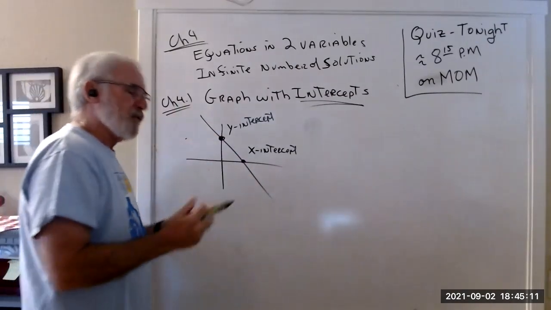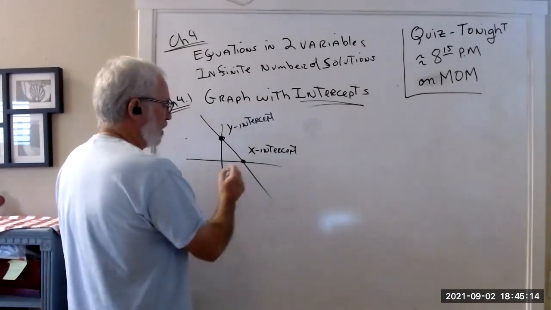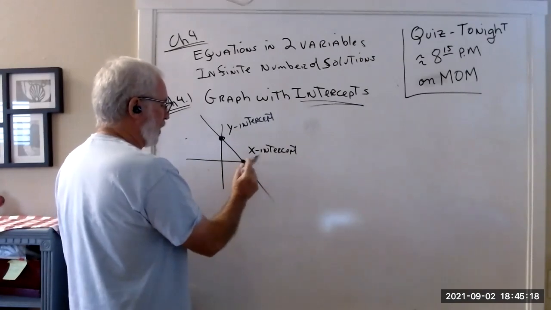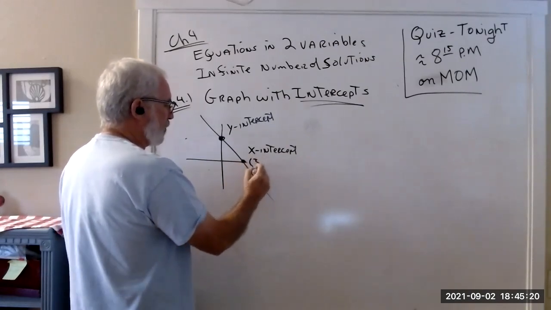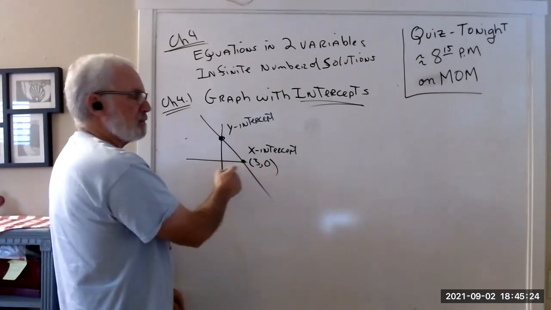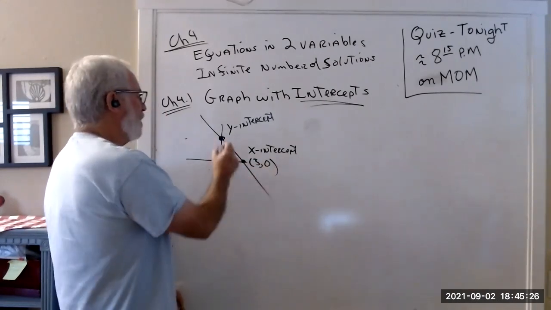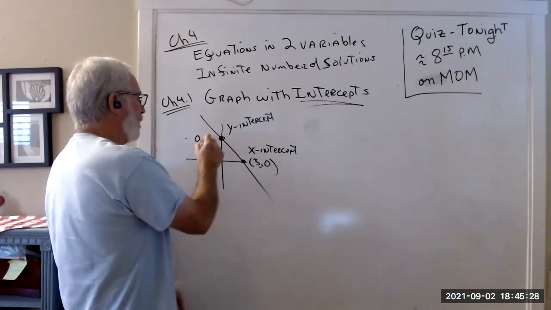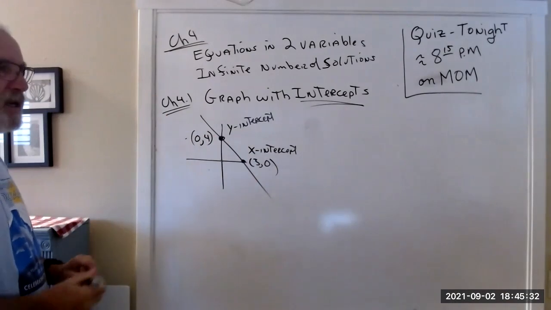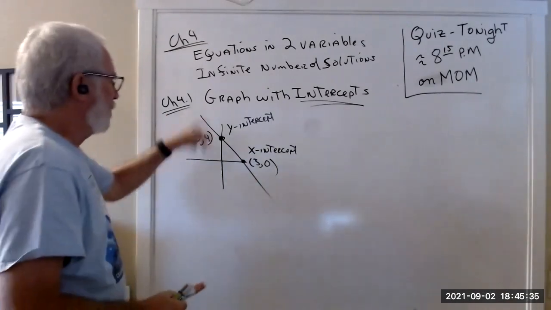Well, if you look at this, a reasonable value for this point here might be 3, 0. I'm just making that up. Go over 3, up 0. This might be 0, 4. Again, I just made up those values, but they seem reasonable.